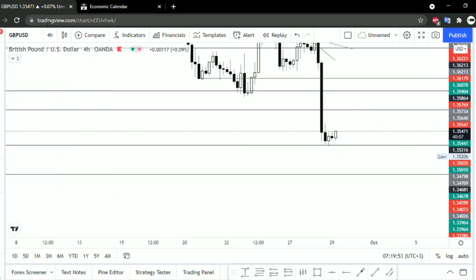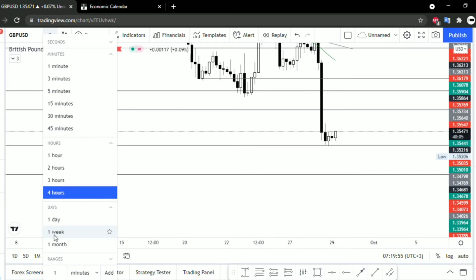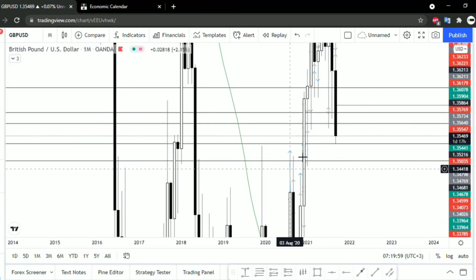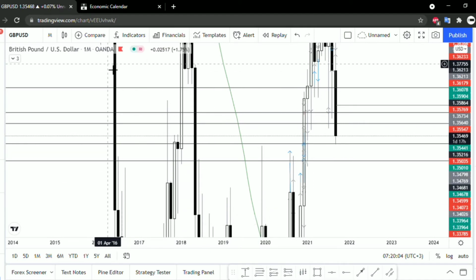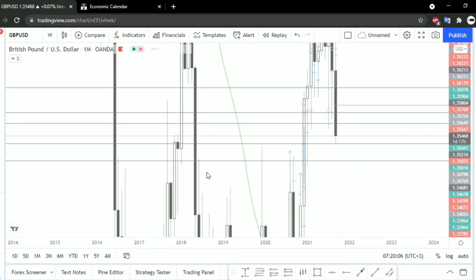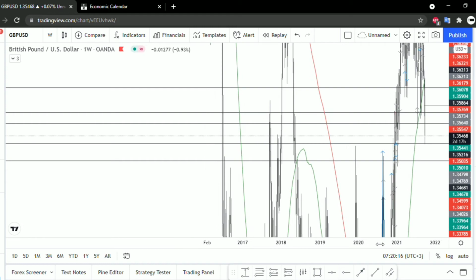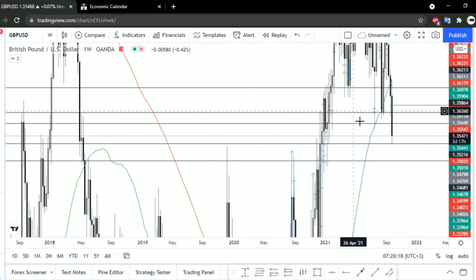If we look at it on the monthly, you can see this level is quite significant. I was looking at it on the weekly, yeah. This level has been respected quite a bit, a few times, here and here.